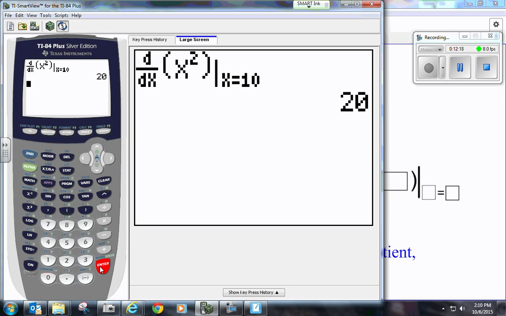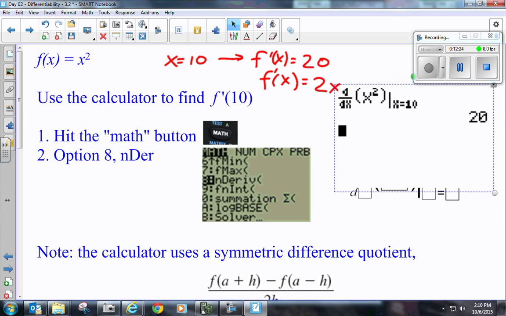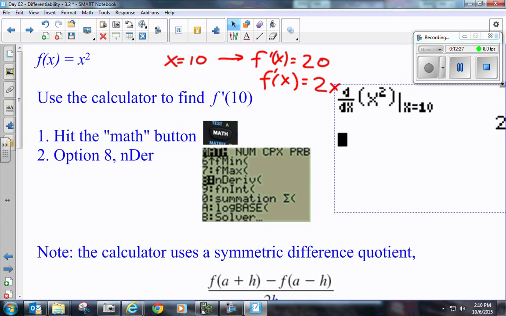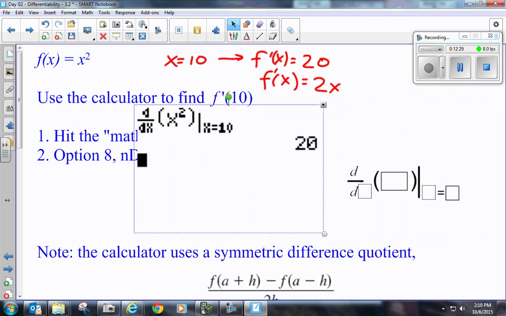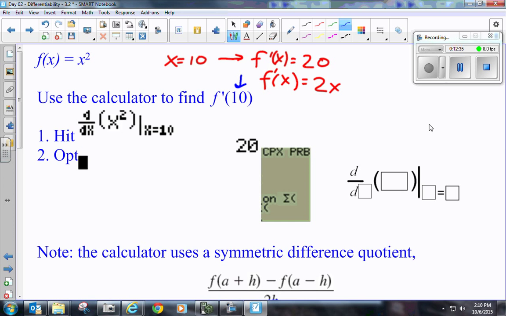You absolutely get that. So if they want to know f prime of 10, that's where this goes. That's what you want to put into the function after you find its derivative.